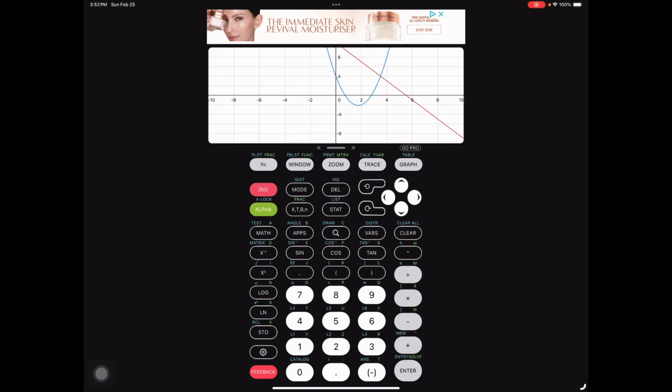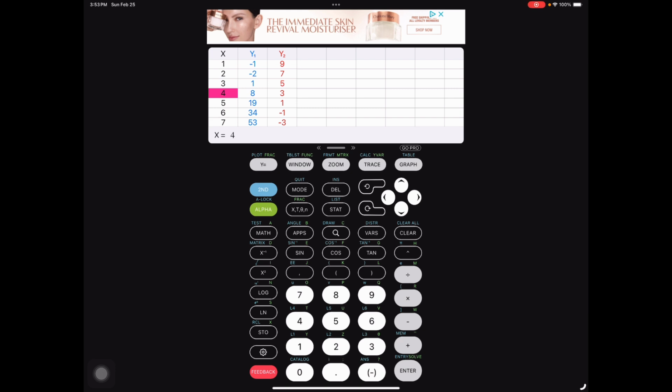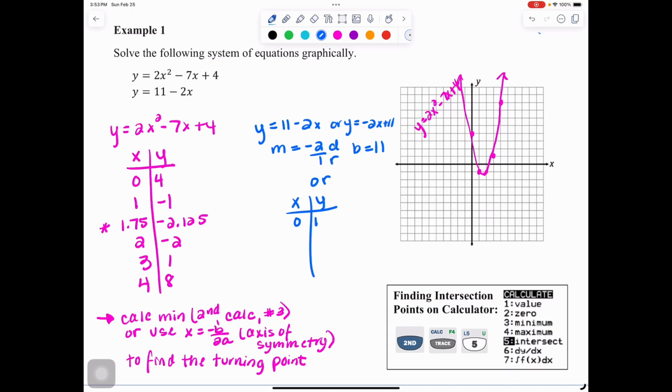And I can go second graph to look at my table of values for y2, since I put it in the y2 position. So we'll copy some of those values, including the y-intercept, which is one of the critical points we know, onto our notes. So we'll do just a few here: 0, 11, 1, 9, 2, 7, and 3, 5.